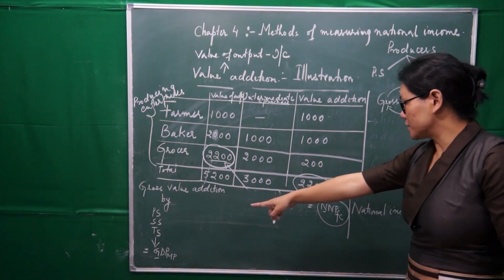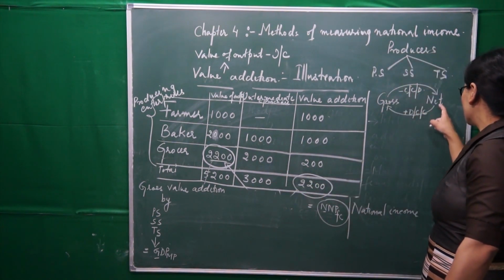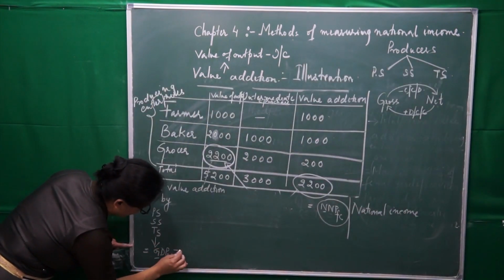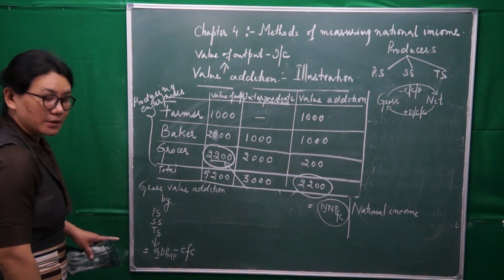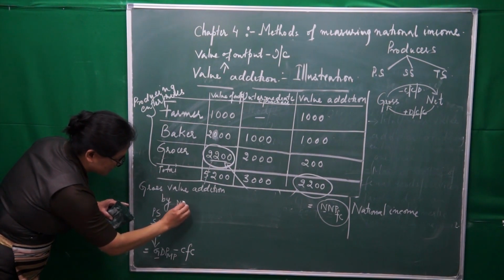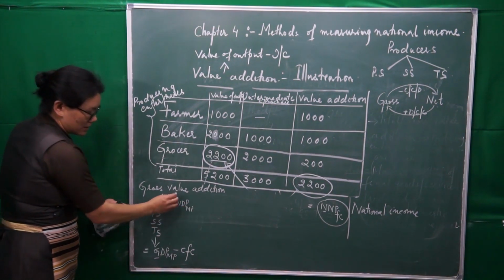So we have to convert gross into net, we have to do minus CFC. Is that clear? If we do like this, we will get NDP at market price.